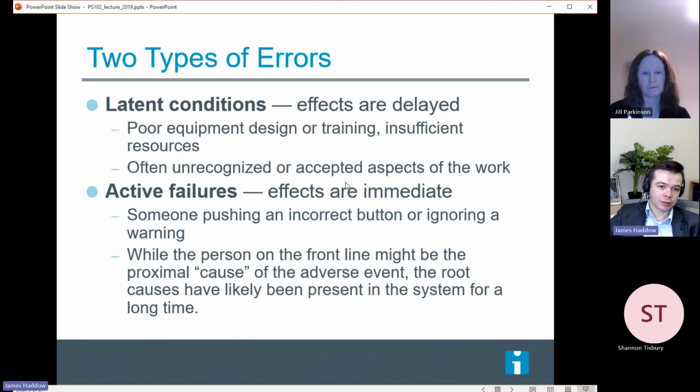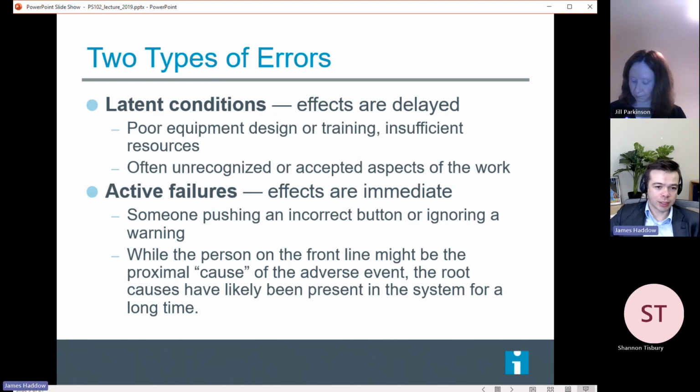Then you've got active failures, which are things that happen that have a direct effect to cause harm, like somebody pushing the wrong button or ignoring a warning. And whilst that frontline effect has a direct cause, we always think about the root causes.